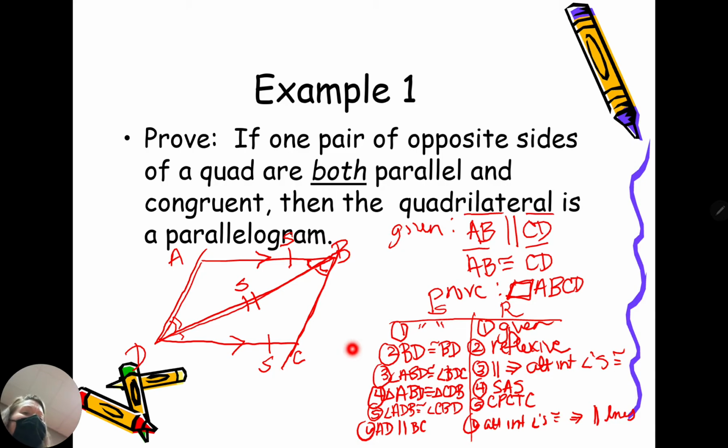And lastly, I ran out of room, so I'm going to come up here. If both sets of sides are parallel, by definition of parallelogram, we have a parallelogram. So number 7 is A, B, C, D is a parallelogram, both sets of sides parallel, or definition of parallelogram.